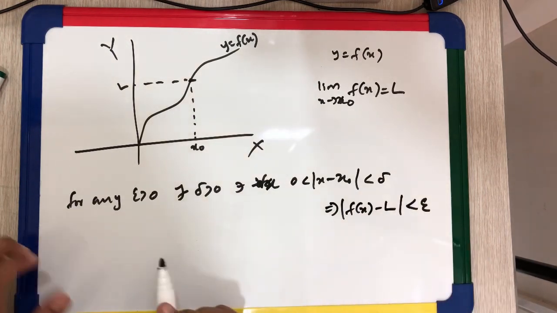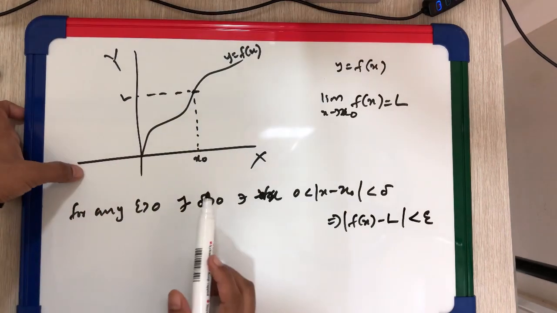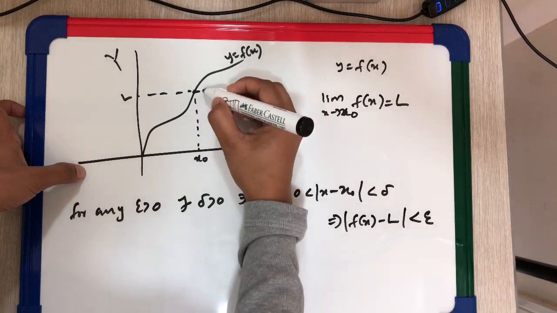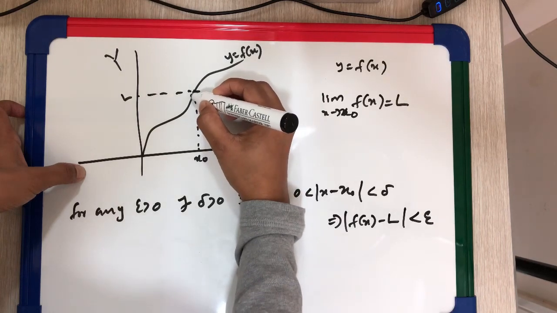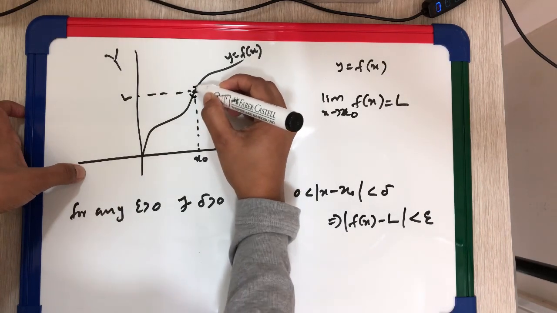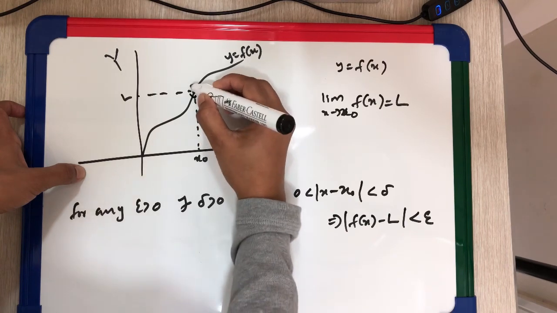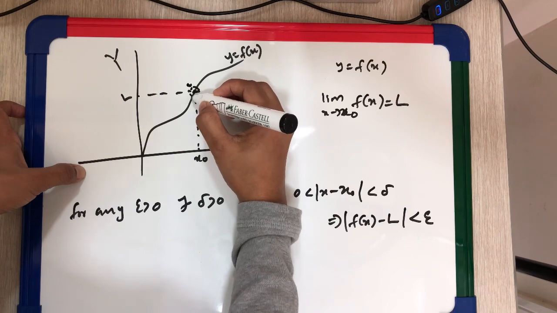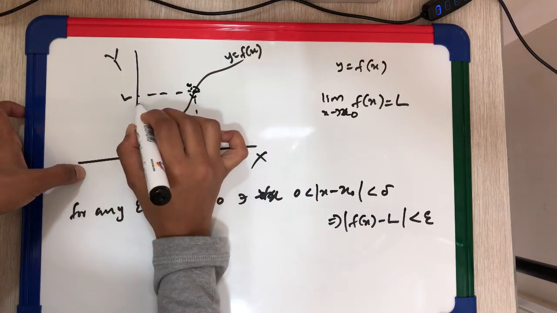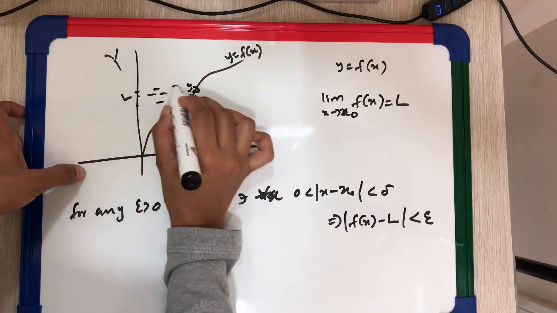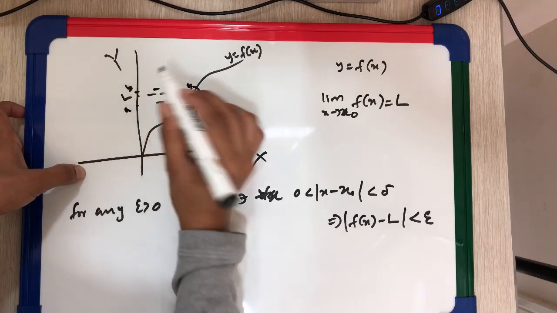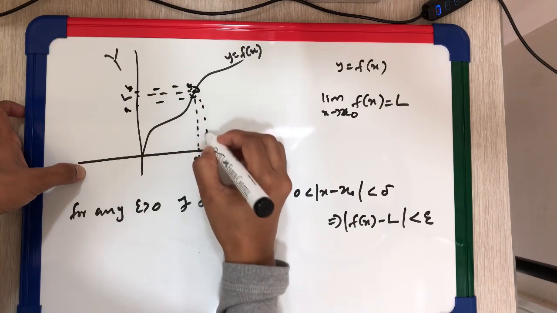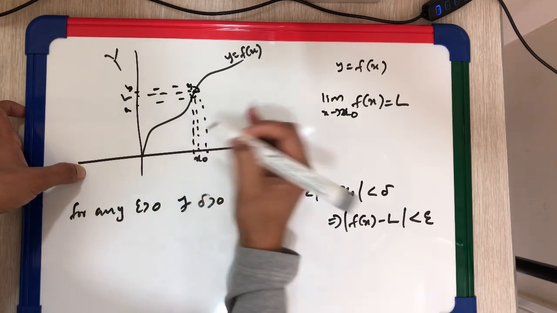than epsilon. Here in this graph, for any epsilon greater than 0, for any very small value of epsilon, we should get a delta. Let it be the epsilon distance from this point to this point. We should get a delta greater than 0 which keeps this function within this interval.